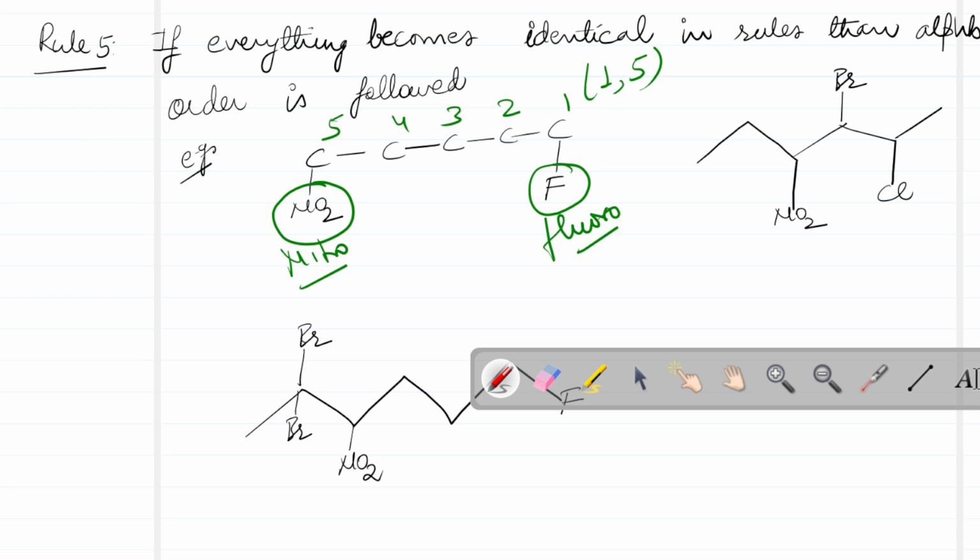If I do the numbering the other way, my set of locants would again be 1 and 5. So here everything is identical: number of carbons in the principal chain and set of locants. In green font 1, 5, in red font 1, 5. Now what should be the correct way of numbering this compound, 1-fluoro or 1-nitro? In fluoro and nitro, F comes first in the dictionary.